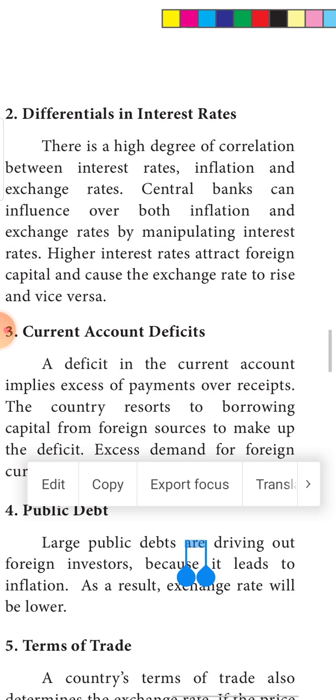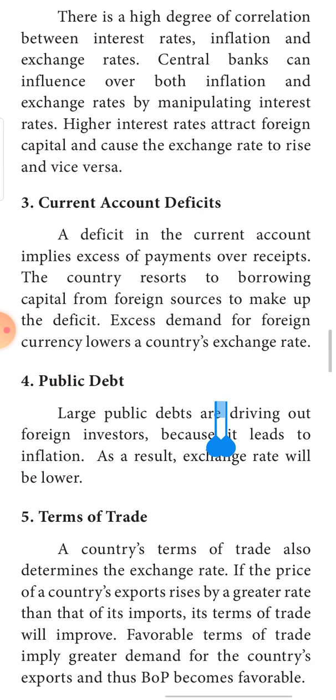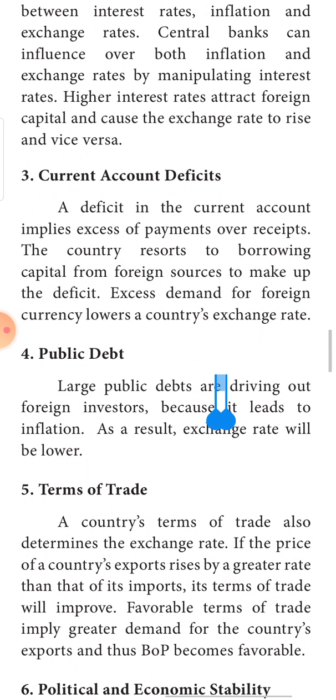Next is current account deficits. A deficit in a current account means that our payments are more than our receipts. Our payments are more, that means we have to pay more to other countries and we receive less from our exports, which means excess demand for foreign exchange will automatically lower our exchange rate.